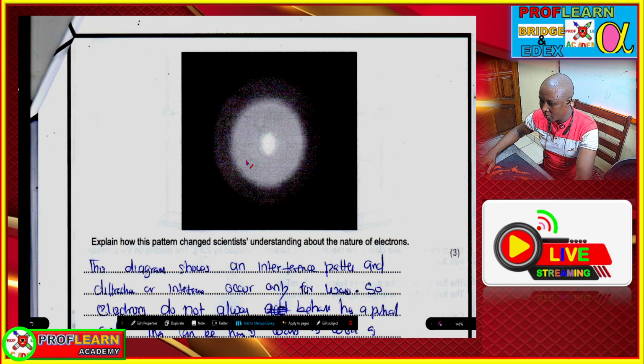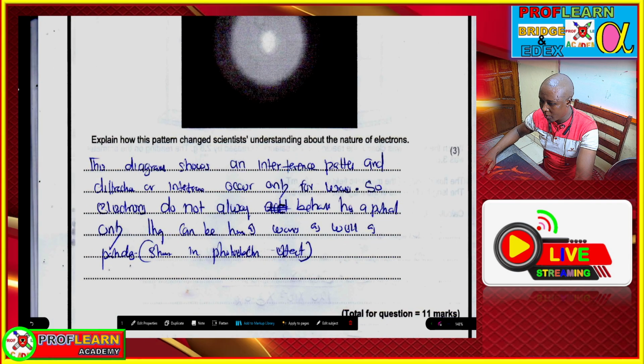Interference and reflection will be observed when we are talking about waves. So when electrons displayed this amazing and beautiful pattern, it indicated that electrons can behave as waves. At the same time, electrons can behave as particles. Then they concluded the duality nature of electrons. Duality nature of electrons means electrons can behave as waves or particles.